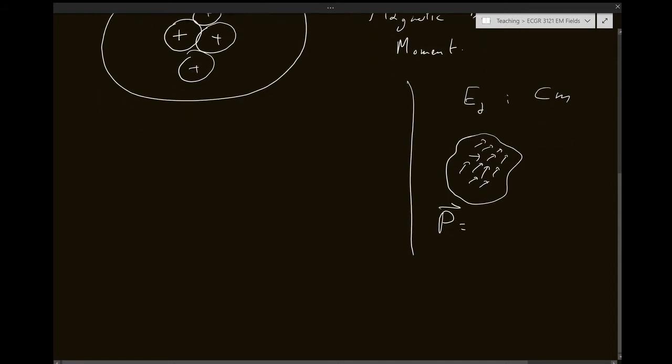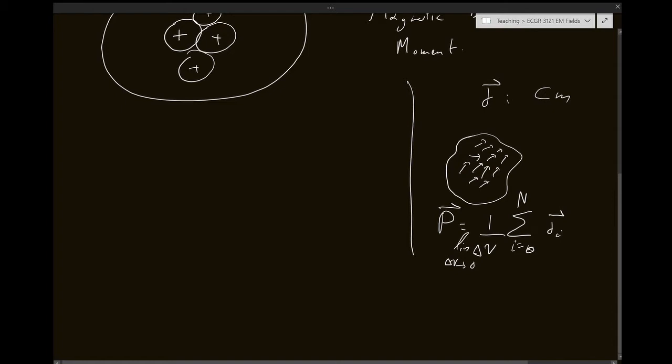Let me call the dipole moment D. When you sum up all the dipole moments, say n of them in a unit volume delta V, this sum gives me, if I take the limit as delta V approaches 0, the polarization vector.